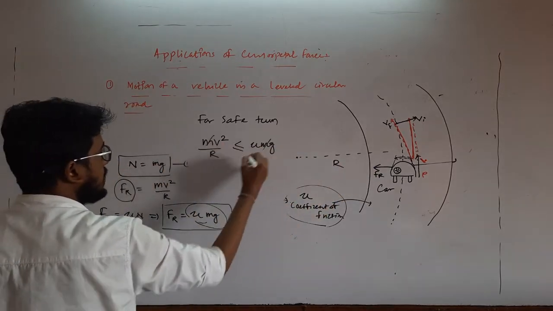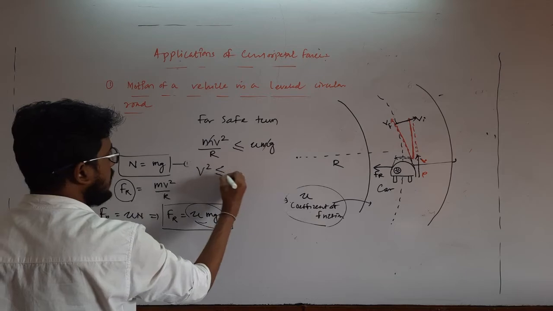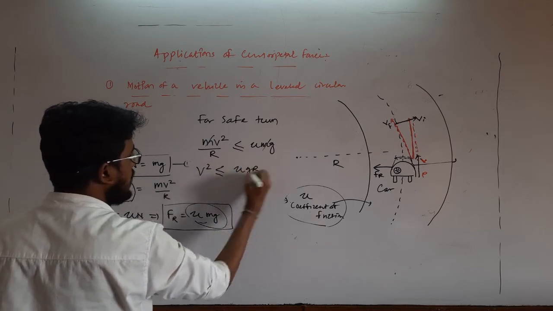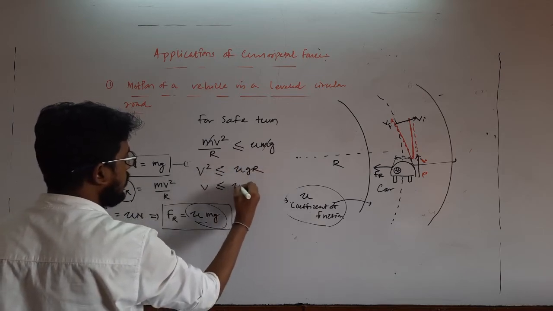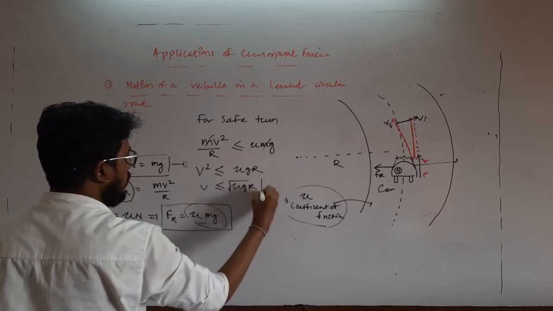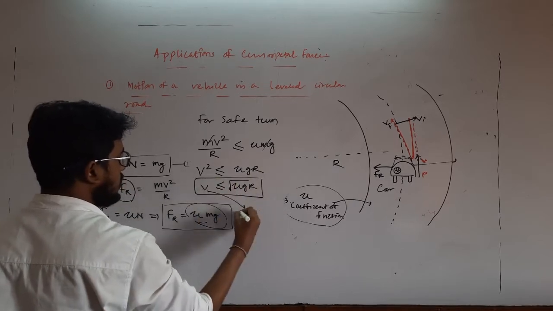So m will get cancelled, so v square must be less than or equal to mu g R, or v must be less than or equal to under root mu g R, where v is known as the safe velocity.